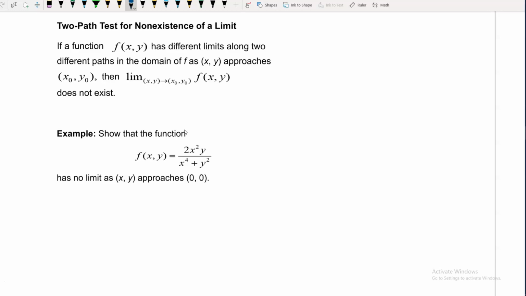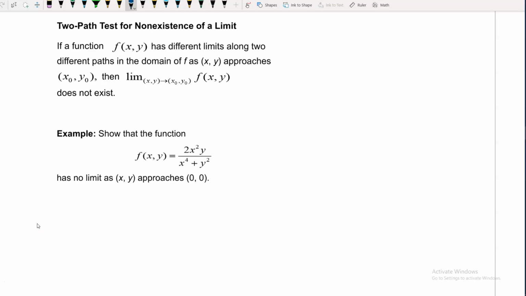For example, the function f of x, y equal to 2x squared y over x to the 4th power plus y squared has no limit as x, y approaches the origin 0, 0. If the limit did exist, we would have to get the same limit value as x, y approaches the origin along any curve. But in this case, the limit does not exist.